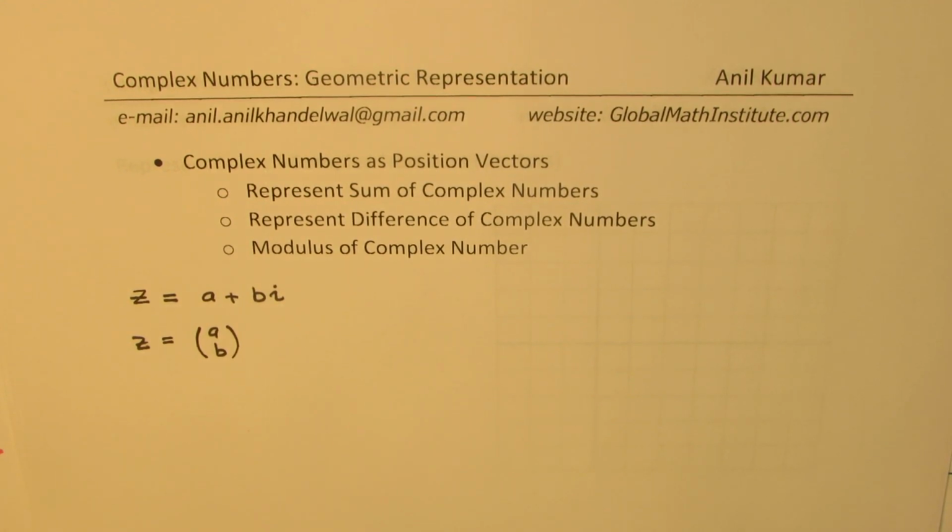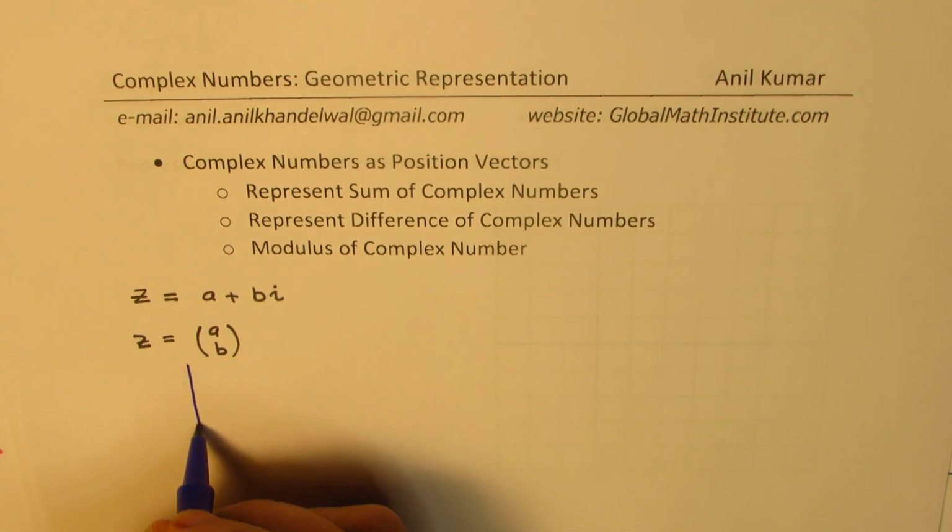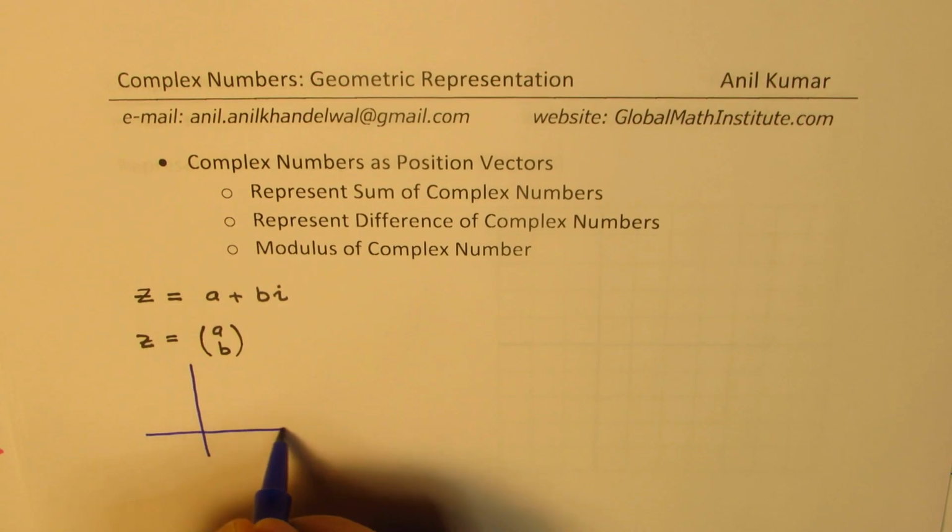So we'll also refer to two different ways of representing the complex number, where one is, we'll say, a position vector.